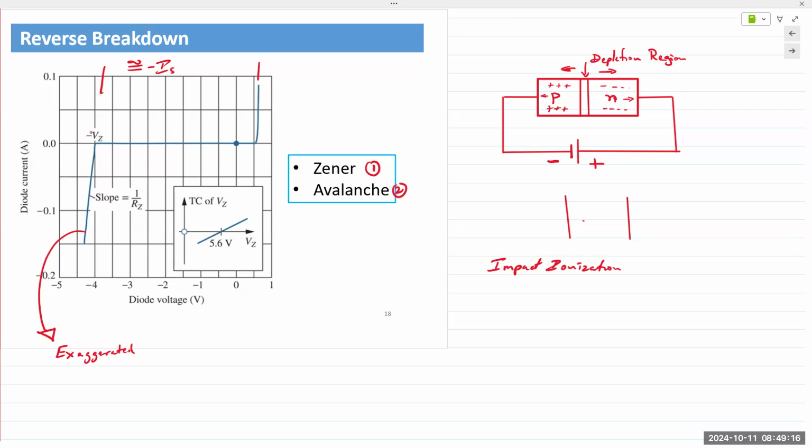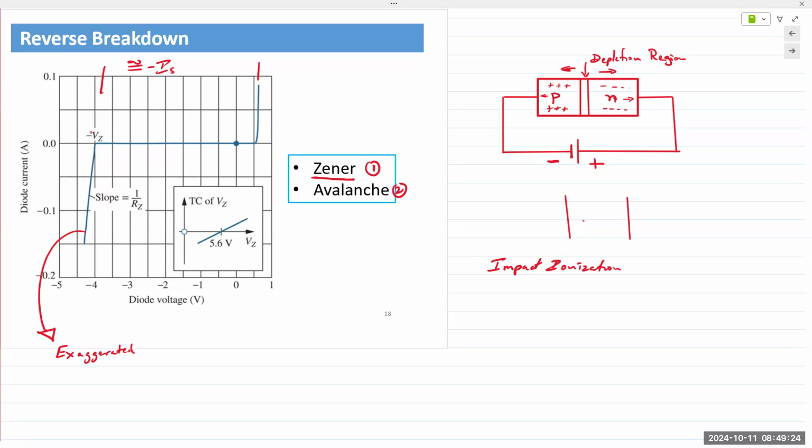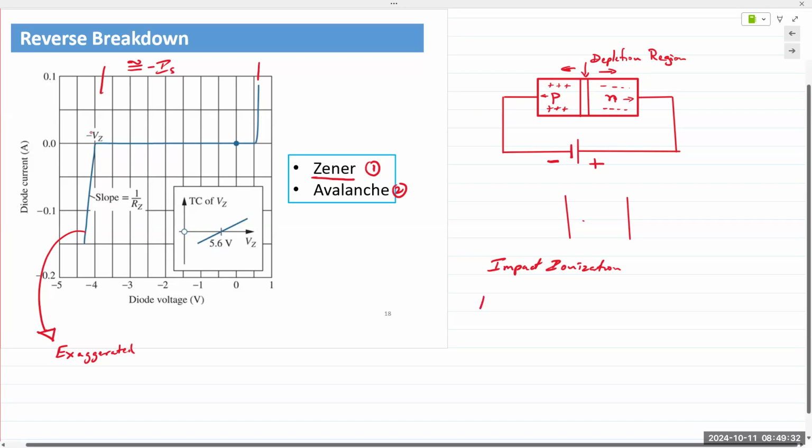And that brings me to the second, well, actually the first phenomenon of Zener. The Zener effect is observed in diodes which are very heavily doped. Really heavily doped diodes will have a very thin depletion region width.